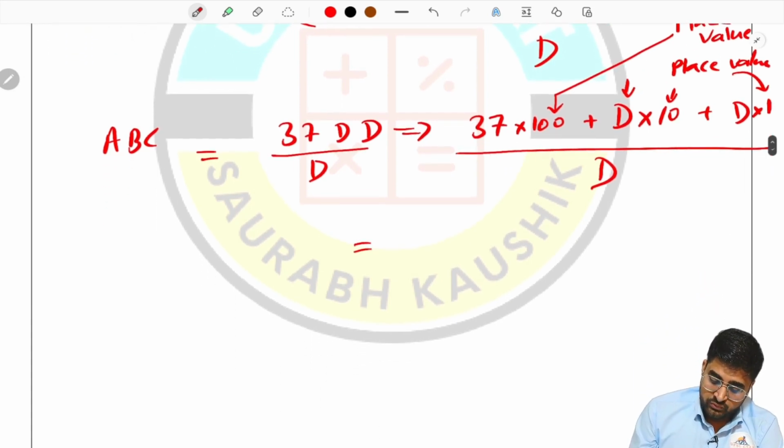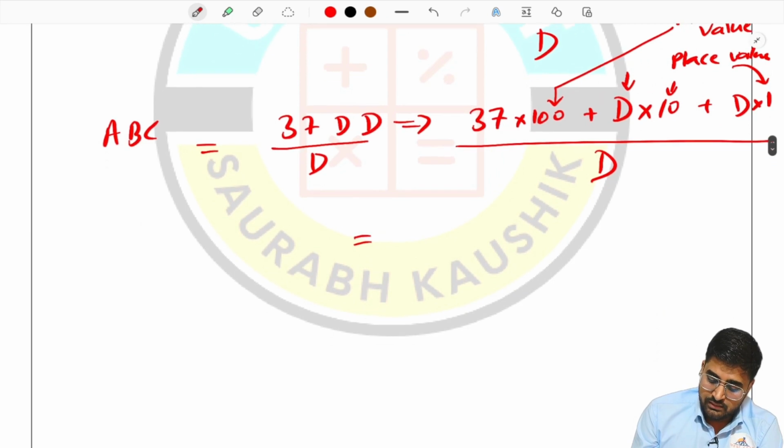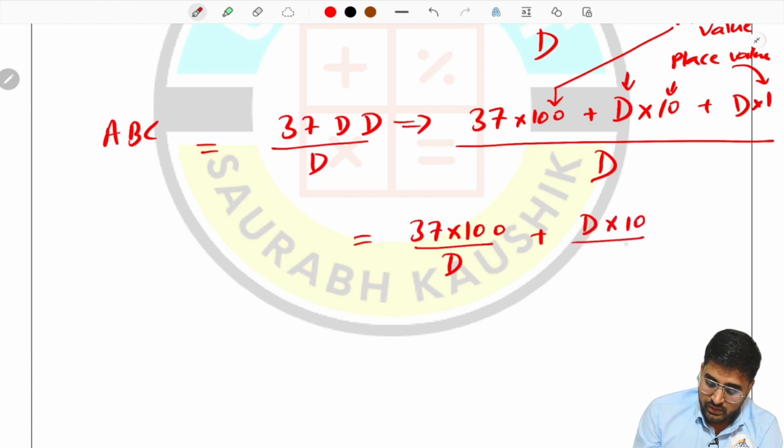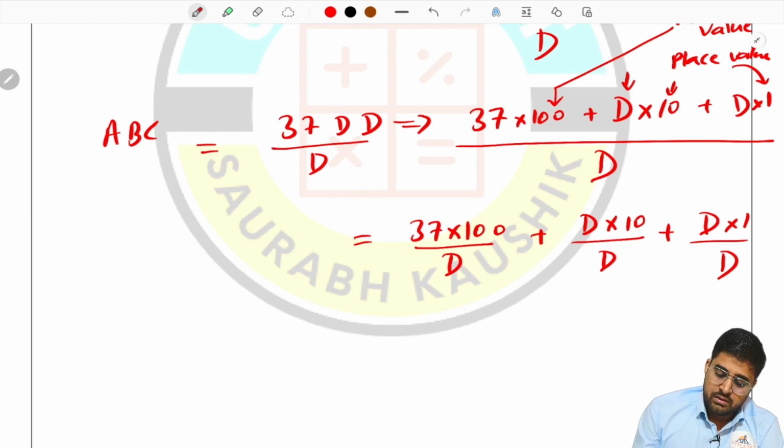Now one thing is clear: D plays a very prominent role and D should divide the number. We can write this equation as 37 into 100 by D plus D into 10 by D plus D into 1 by D. I am writing 1 here to show this is a place value.